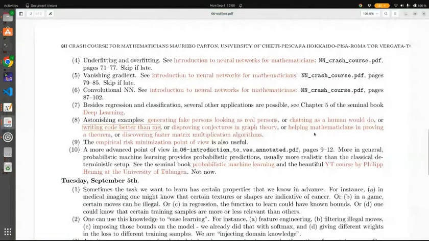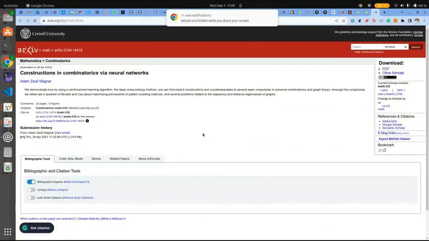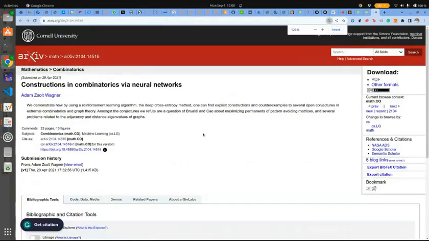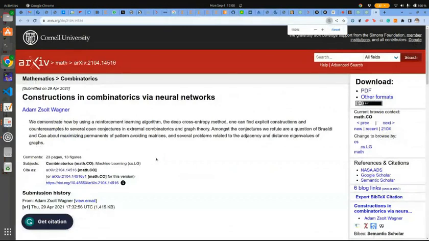And then I wanted to show, okay, these are 3 papers that, if we have time, I will show to you in the last lecture. This is an artificial intelligence technique called reinforcement learning that has been used to find explicit counterexamples to conjectures in graph theory.